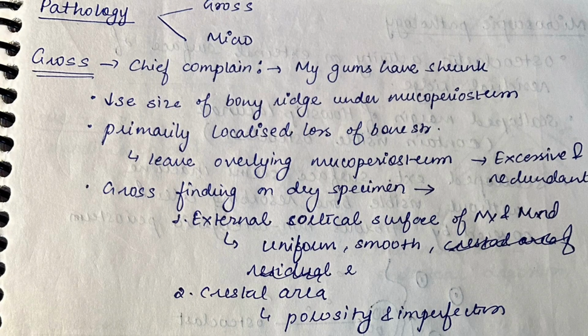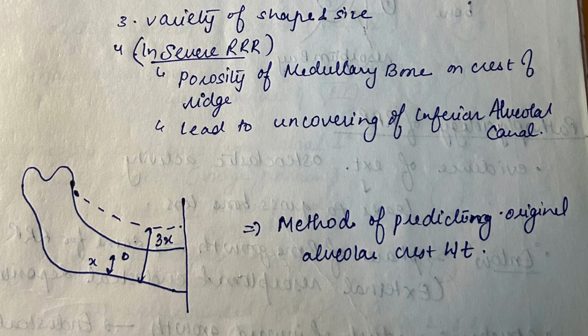Crestal area will show some porosity and imperfections, and there can be a variety of shapes and sizes as we discussed the one that Atwood gave. And in cases of severe residual resorption, porosity of medullary bone can be seen on the crest of the ridge. It also leads to uncovering of the inferior alveolar canal. So this below is an image which explains the method of predicting original alveolar crest height.